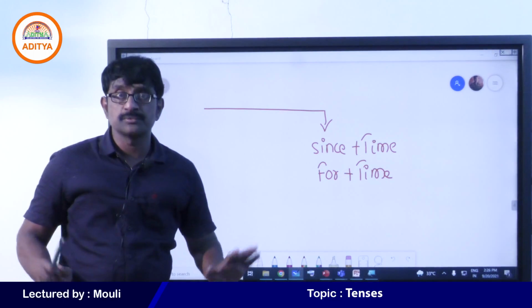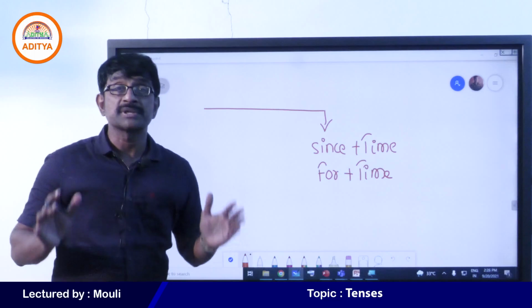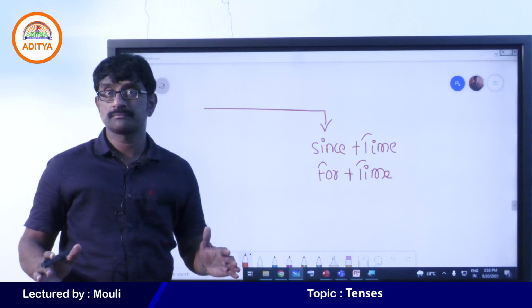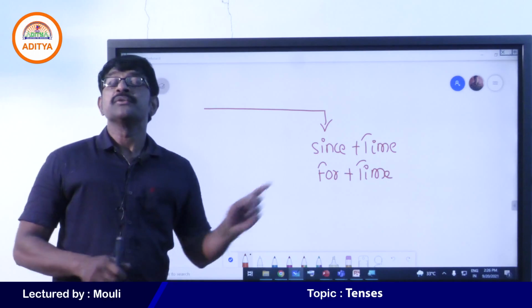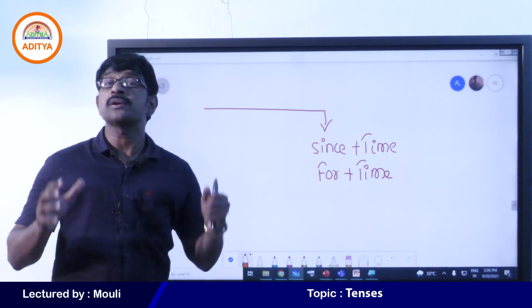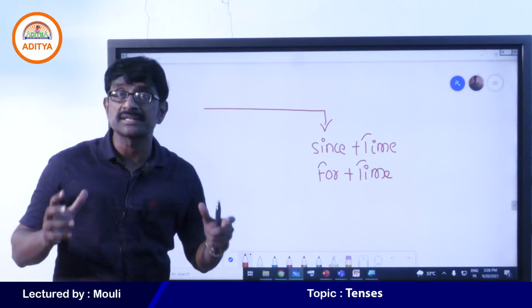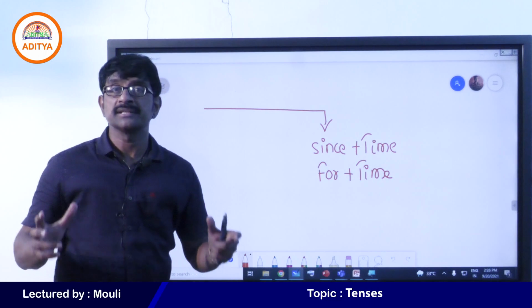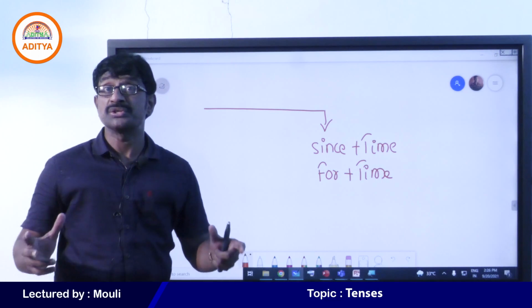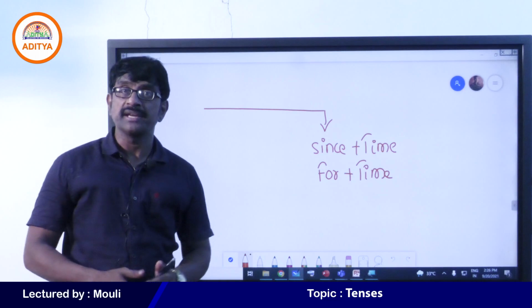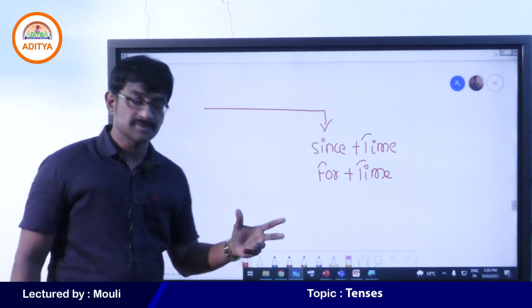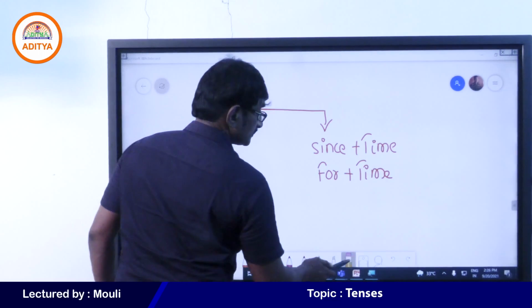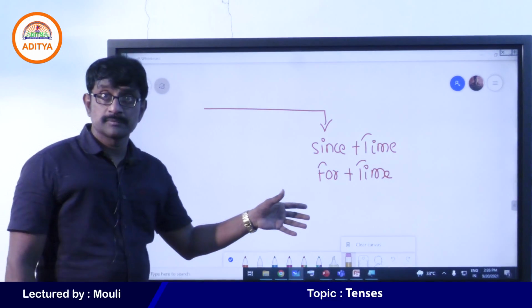Without these words, we cannot use present perfect continuous tense. Remember, students, without these words, we cannot construct a sentence in present perfect continuous tense. Okay, how to construct a sentence now? Let us see.